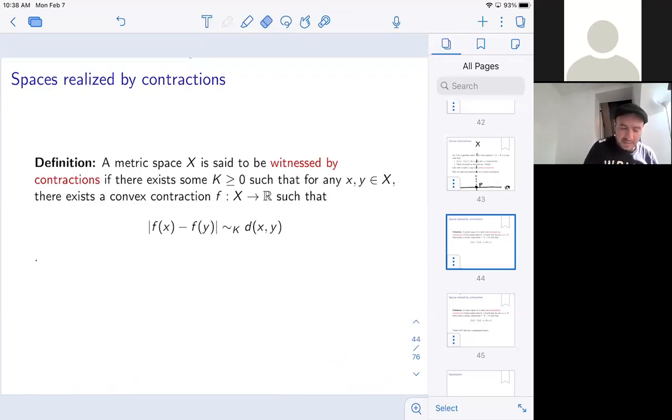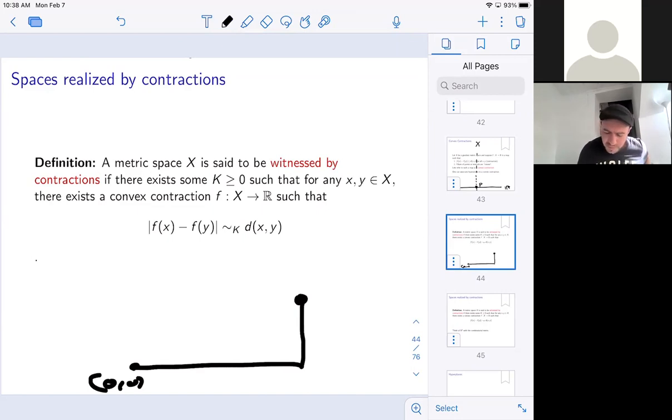Instead, let's maybe take the point 0, 0, and I'm still in Z plus Z, but maybe I'll take 3, 3, or I don't know, this is 5, 3 or something. Now, can you think of a convex contraction that sends these 2 points approximately their distance away?